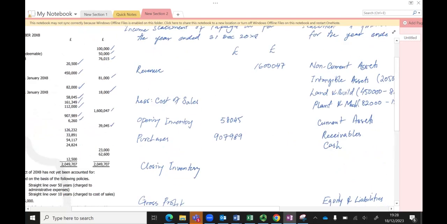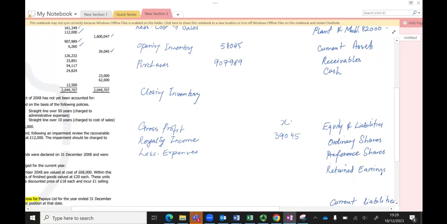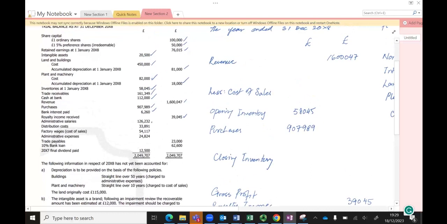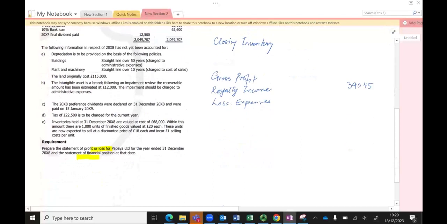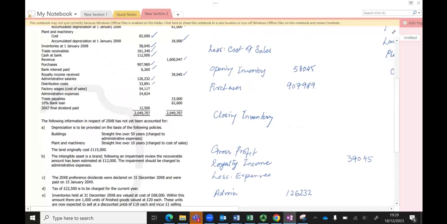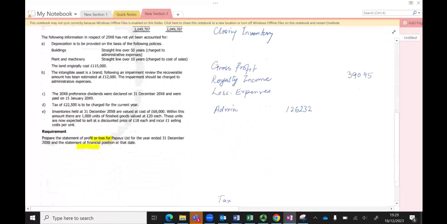I've written it into the second column because over here I'll be calculating my gross profit, and in that gross profit I will be adding the royalty income. Then I have administration expenses of 126,232, and a distribution expense of 33,891.